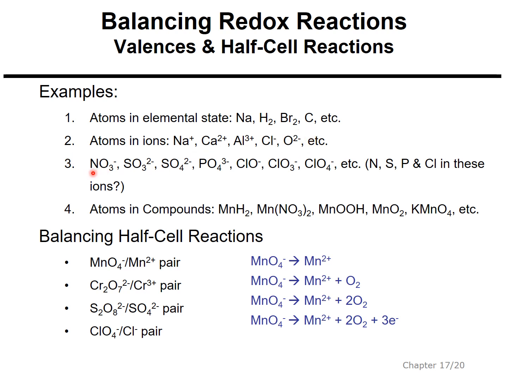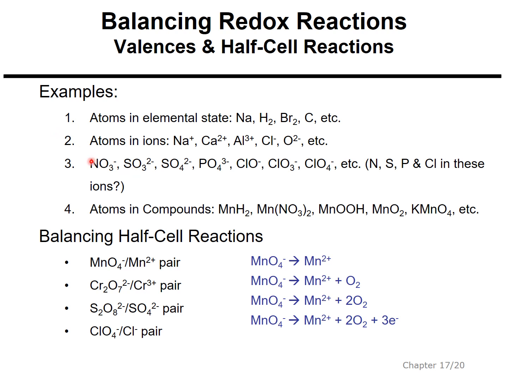Here are more complicated situations. We have compounds here, and most of them are oxides: nitrogen oxide, sulfur oxide, phosphorus oxide, and chlorine oxide. How can we determine the oxidation number of each atom? I have said the first choice should be hydrogen and then oxygen.